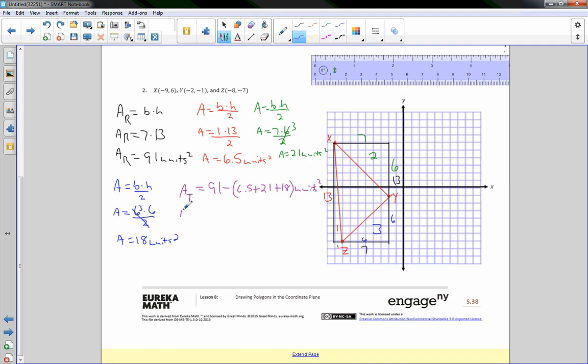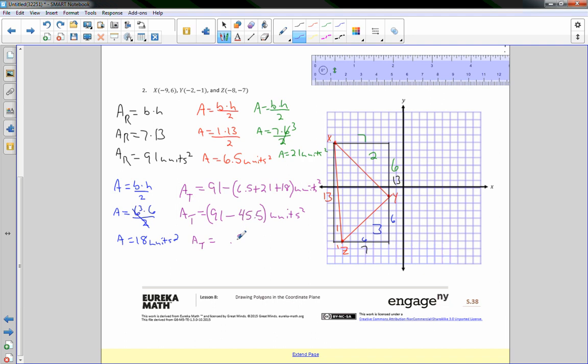So the area total equals 91 minus, and 18 plus 21 is 39, plus 6 is 45 and a half. So it's 45.5 units squared.